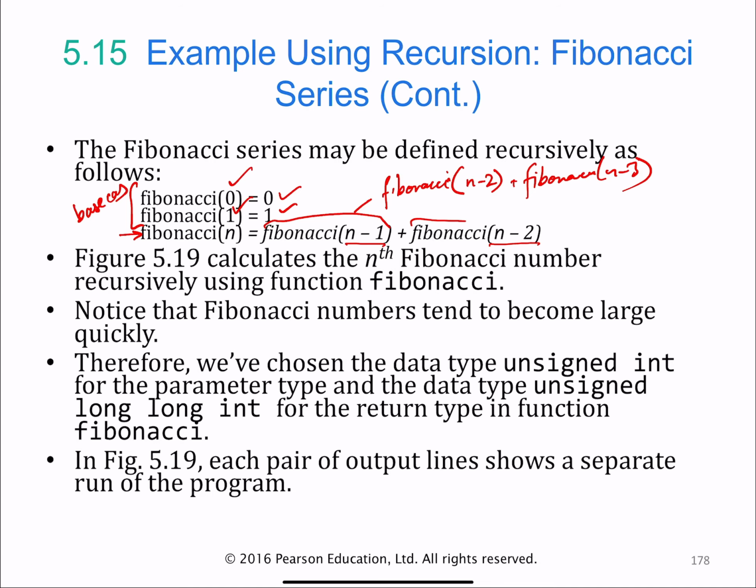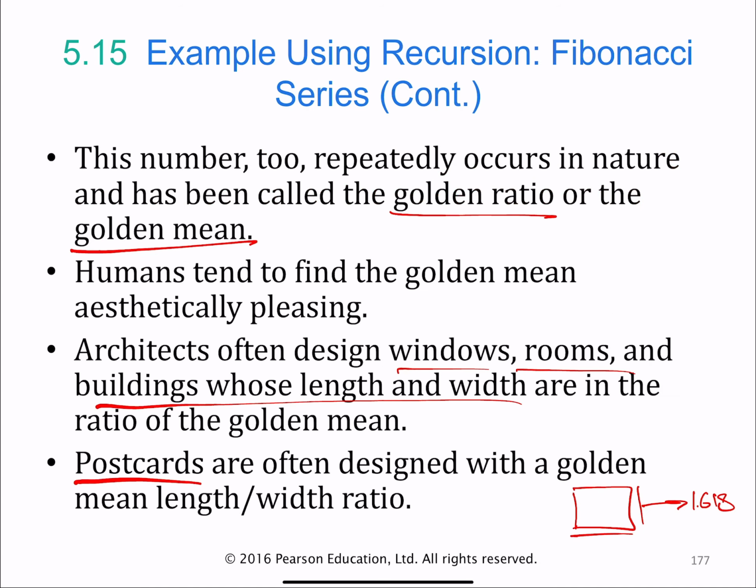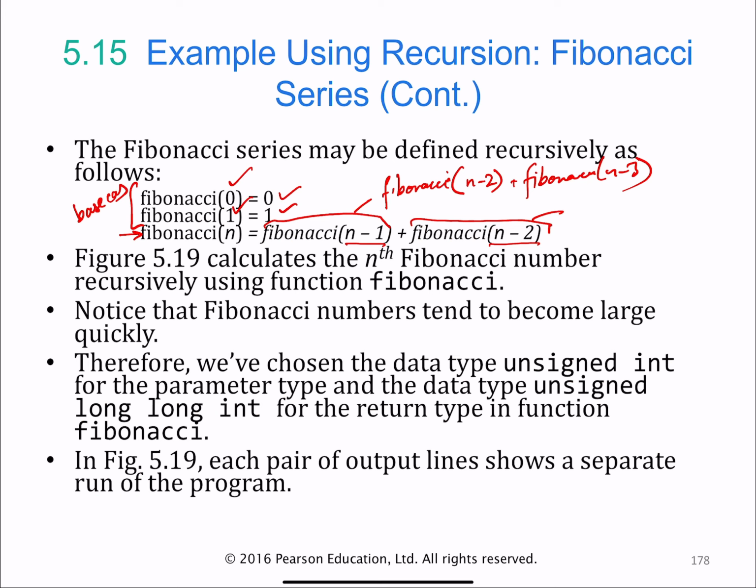And similarly, Fibonacci n minus 2 is also recursively defined and computed by calling Fibonacci with arguments n minus 3 and n minus 4. So you can see that the definition of the nth Fibonacci number in the sequence is recursive.